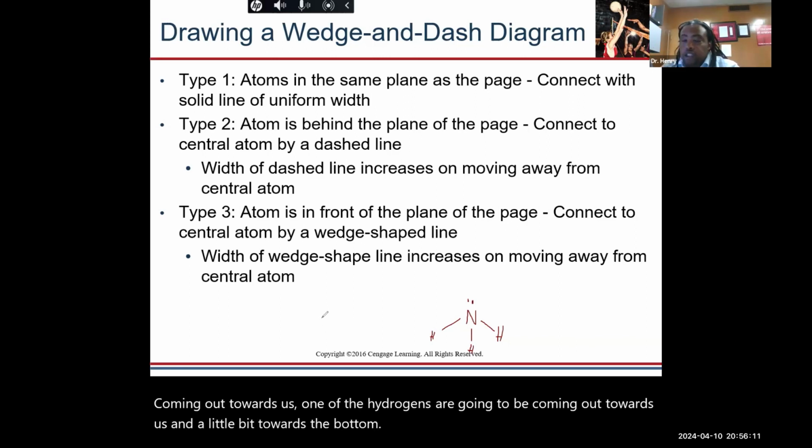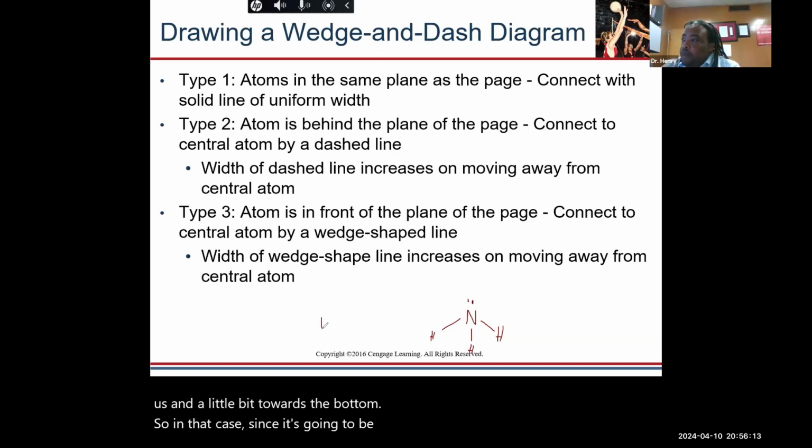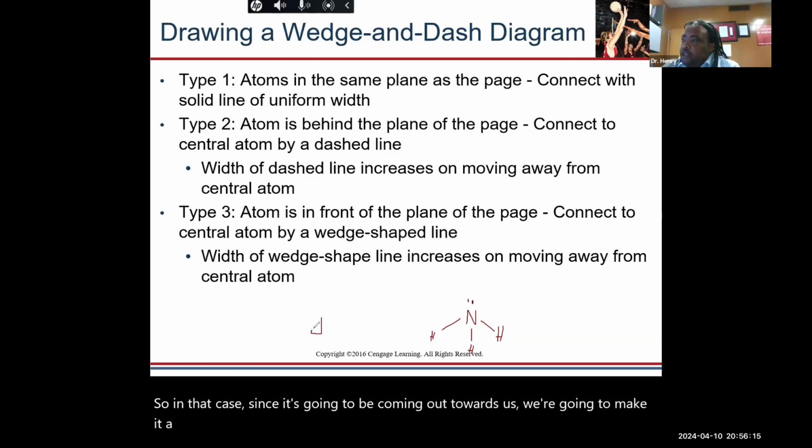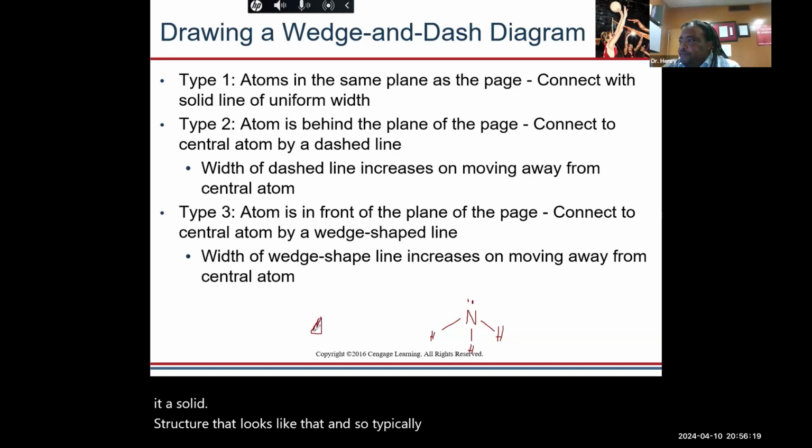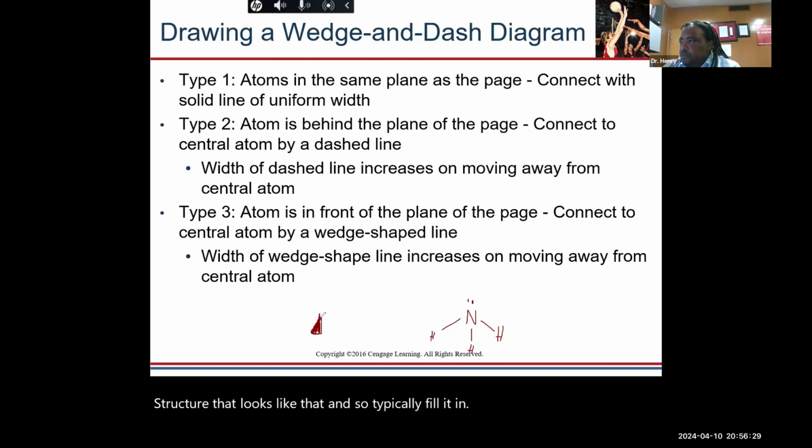So in that case, since it's coming out towards us, we're going to make it a solid structure that looks like that. So typically fill it in. And so then we're going to put our H here.